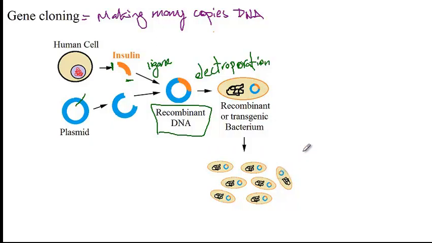You can isolate all the DNA and use the same restriction enzymes to have millions of copies of the gene of interest, which is insulin. Or you can try to isolate the protein from the culture and isolate insulin from the mix of proteins. So there are many things that we can do with it once we clone a gene of interest.